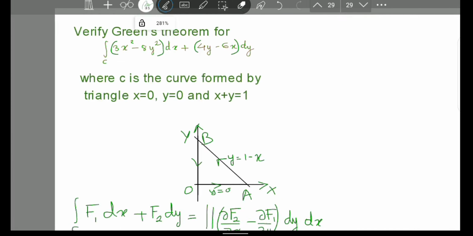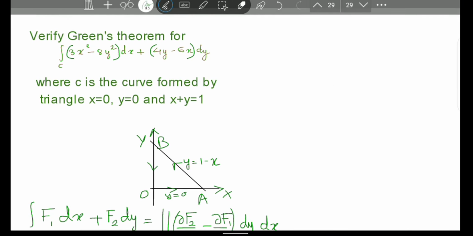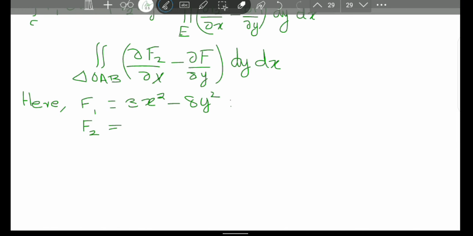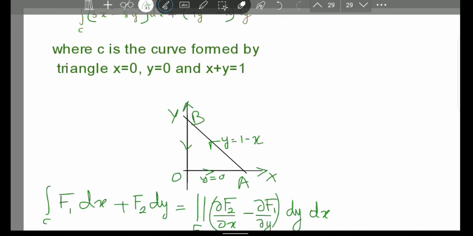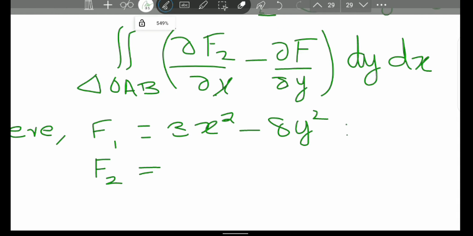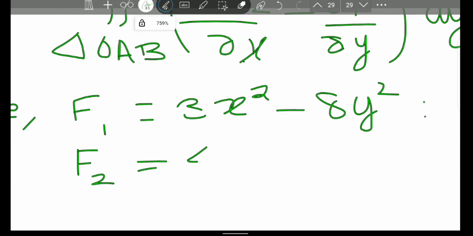Did I remember correctly? No. f1 is 3x square minus 8y square. f2 is 4y minus 6x. All right, f2 is 4y minus 6x.